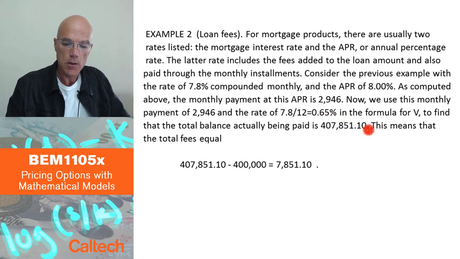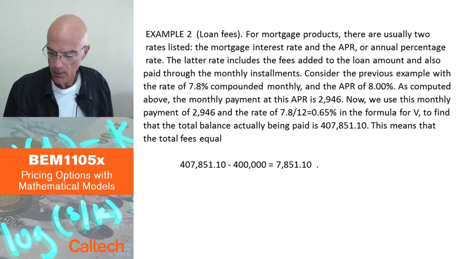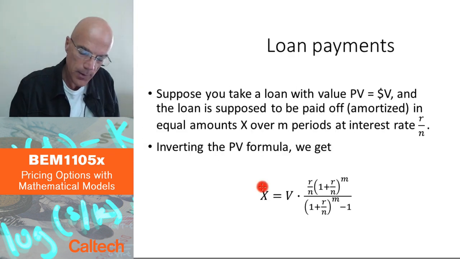Once I know this, I can compute what value of the loan I'm actually paying corresponds to. So if I go back to my formulas, I know I'm paying $2,946.